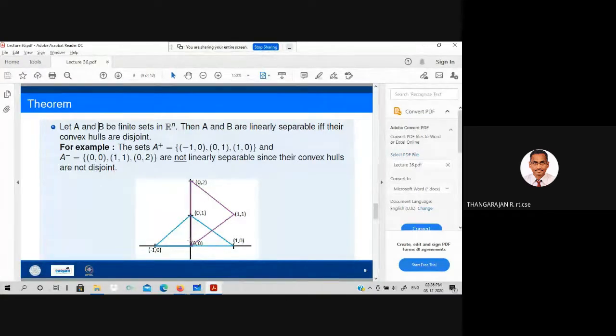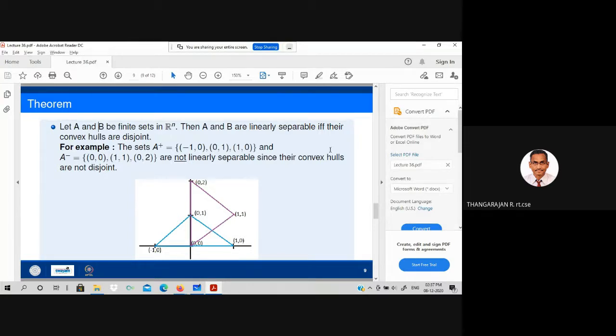When I show it diagrammatically, you can immediately say that they are not separable because there is a common place. But apart from that, there is a theorem that says if A and B are two sets, and if the convex hulls are disjoint, then they are linearly separable. If the convex hulls are not disjoint, they are not linearly separable.